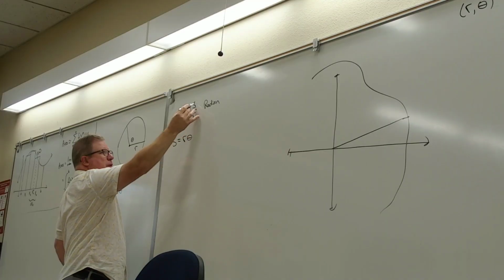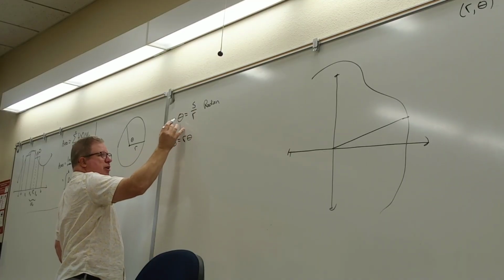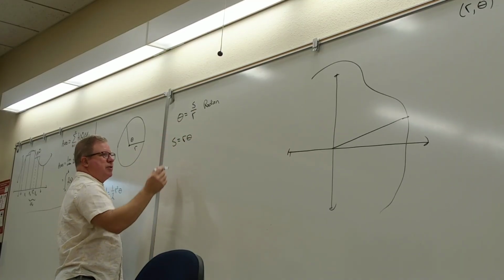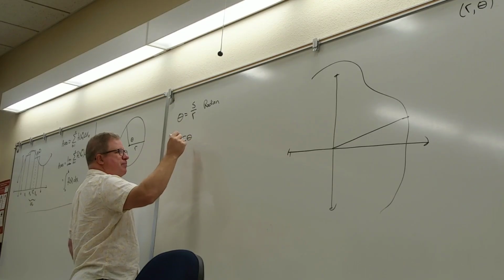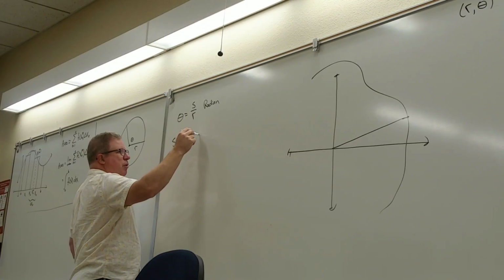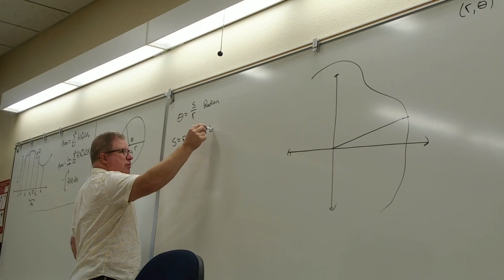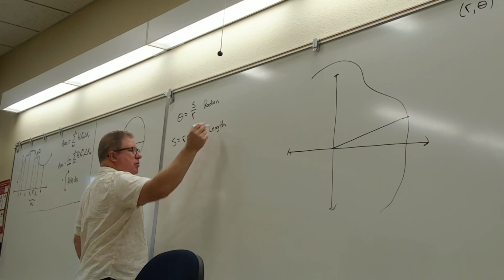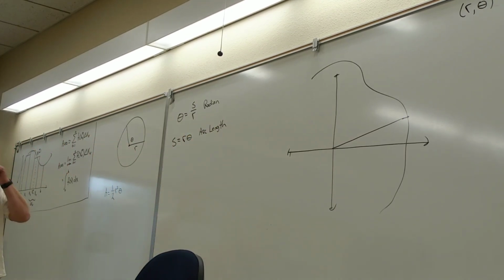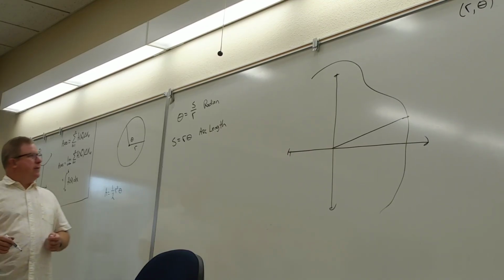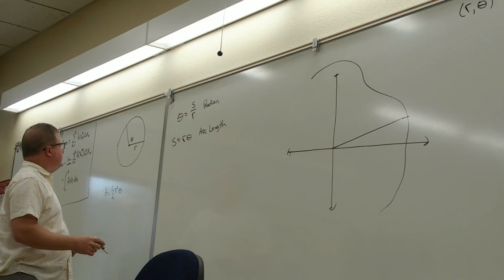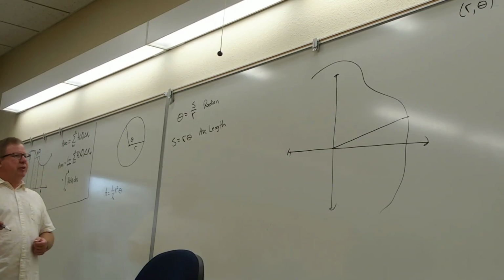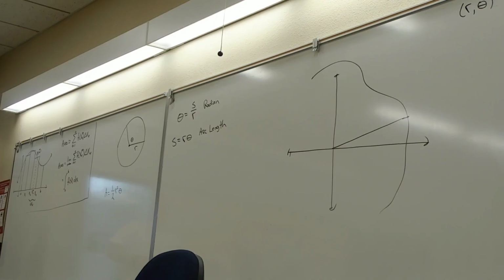This definition of radian, the arc length divided by R gives us how many radians the central angle is. This is an arc length formula here. Okay, let me think. I wasn't planning on explaining this. Give me a second.